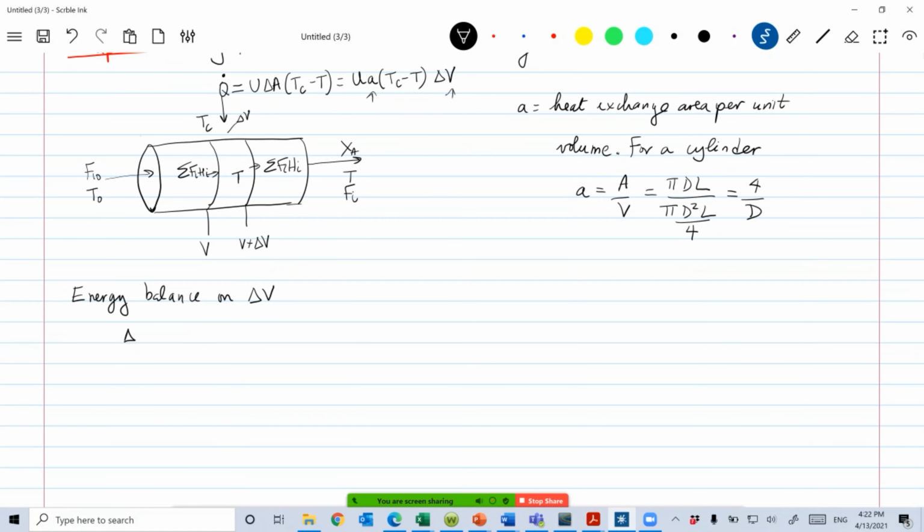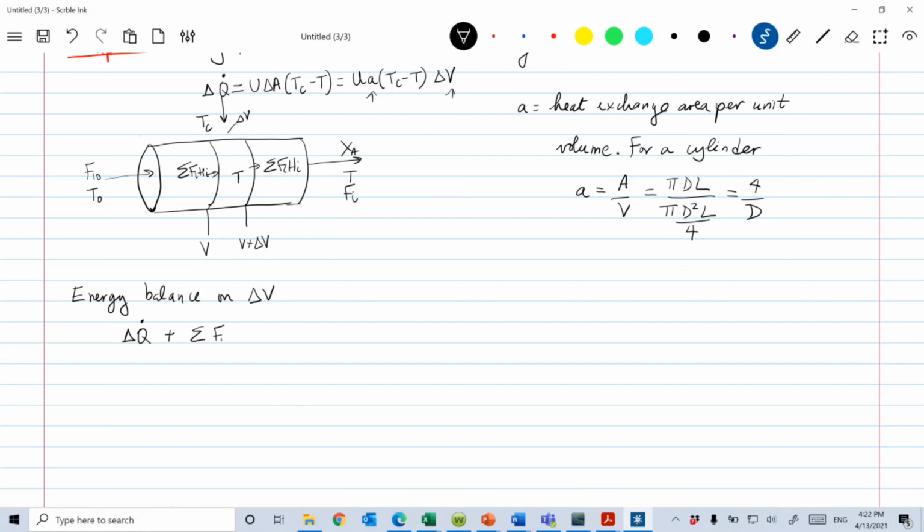So the energy balance is going to be delta Q plus sum of FIHI at V minus sum of FIHI at V plus delta V, and that's equal to 0. So this is an energy balance on that delta V. There's no reaction term, it's just heat.